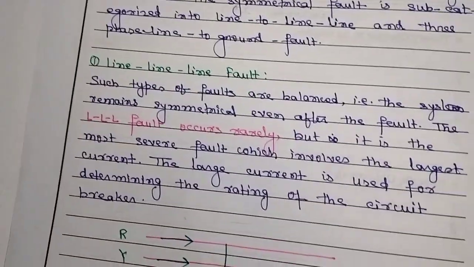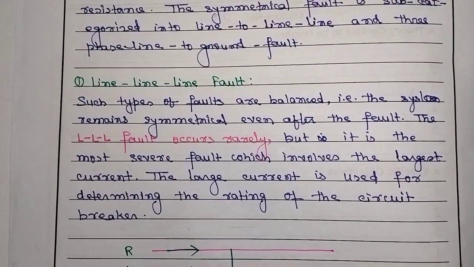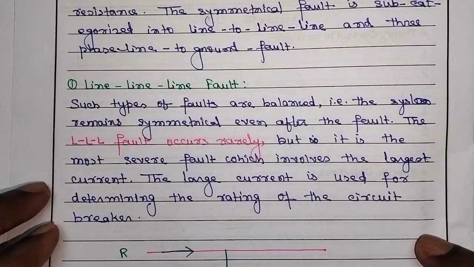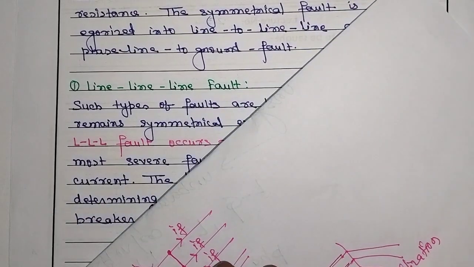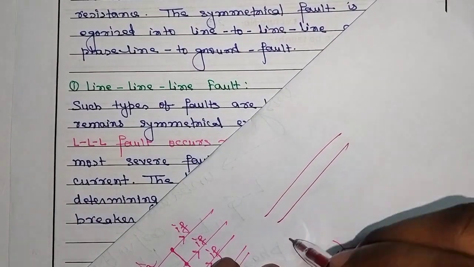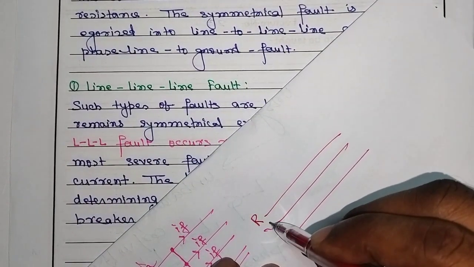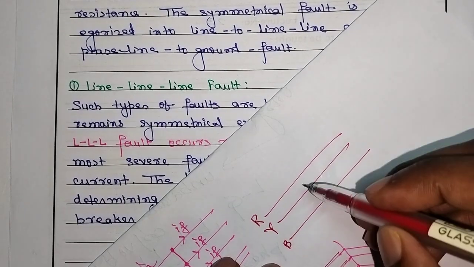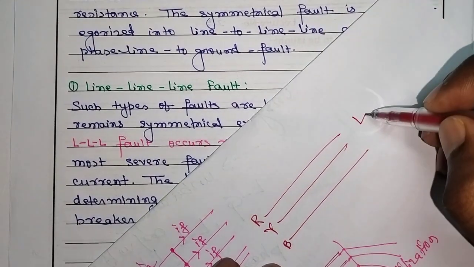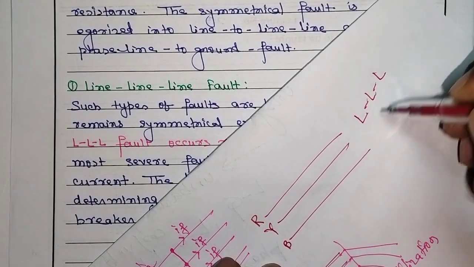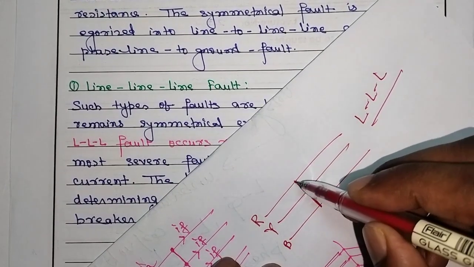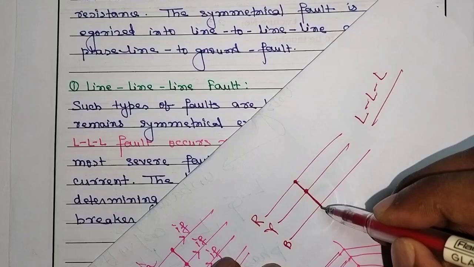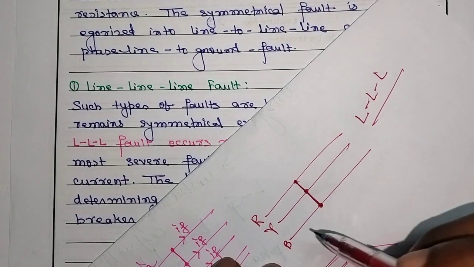Now we'll see the line to line to line fault. The word itself shows it. Suppose these are the R, Y and B conductors. So all three of the conductors get involved in such a type of fault.